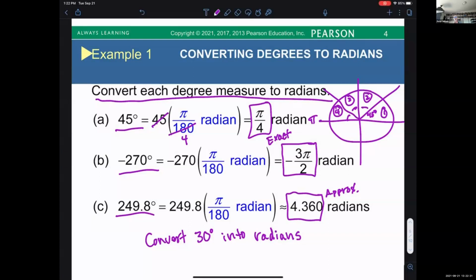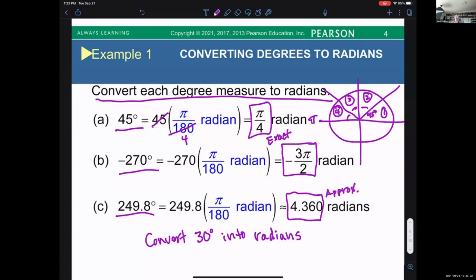So you could take 249.8 and divide by 180 and then multiply by pi, or you can multiply by pi first and then divide by 180. There's a little flexibility there. And you should get the same answer in any of those permutations. It's definitely good to practice these things because then little issues like order of operations or how do I do this on my calculator, you can kind of work out all these details.